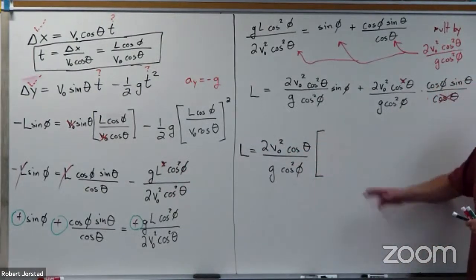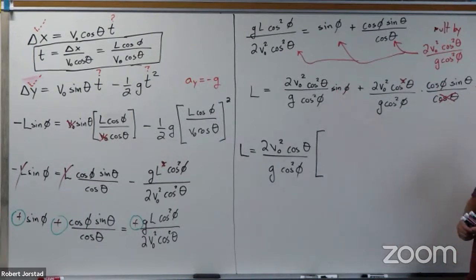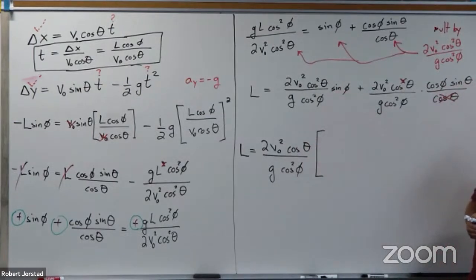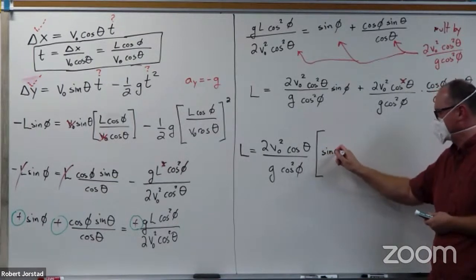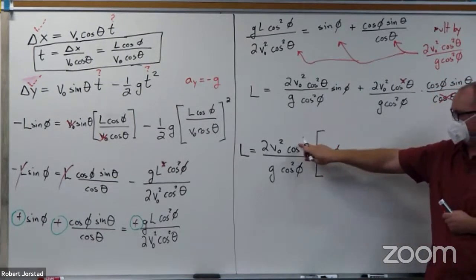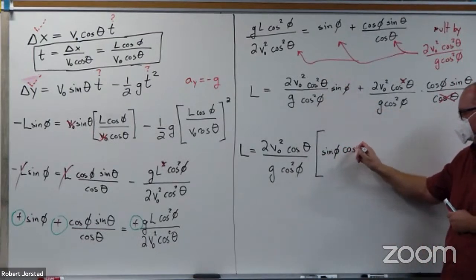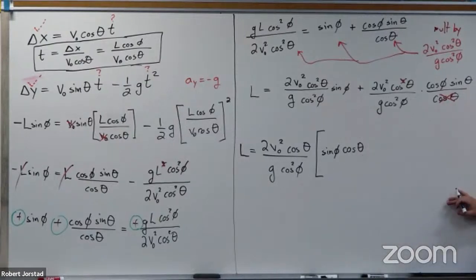Help me out. What's left here in the first term? What's left that I didn't factor out? Sine of phi and a cosine theta. What's left on this other term?